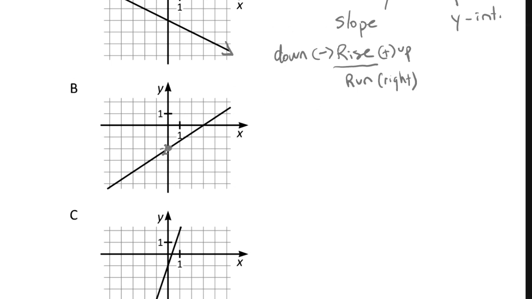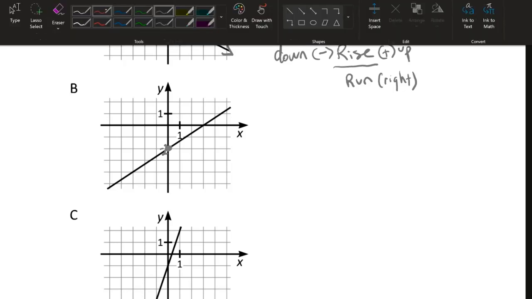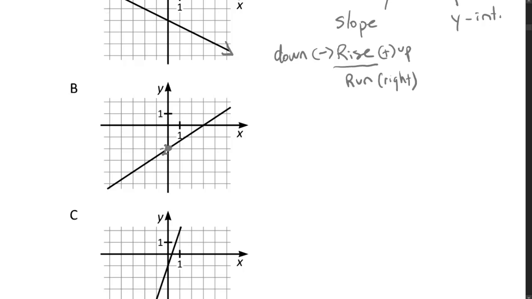Now let's change our color here. There's -2. And the slope we said is 3/2, so up 3, right 2. We're going to go up 1, 2, 3, right 2, 1, 2. It should be here.